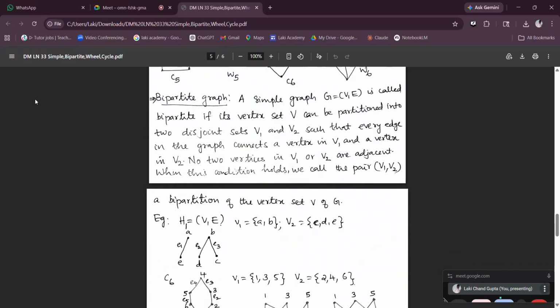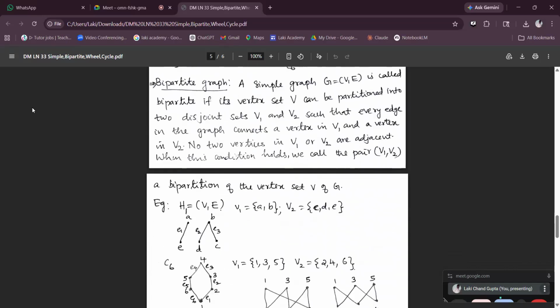Now see the bipartite graph. What is a bipartite graph? A simple graph is called bipartite if its vertex set can be partitioned into two disjoint sets.